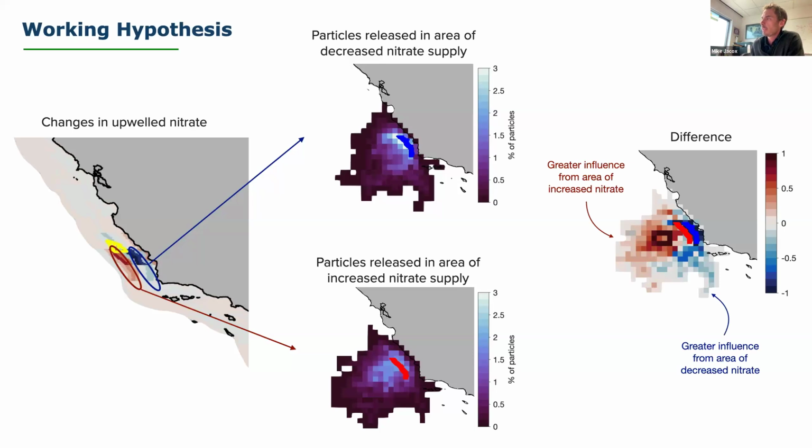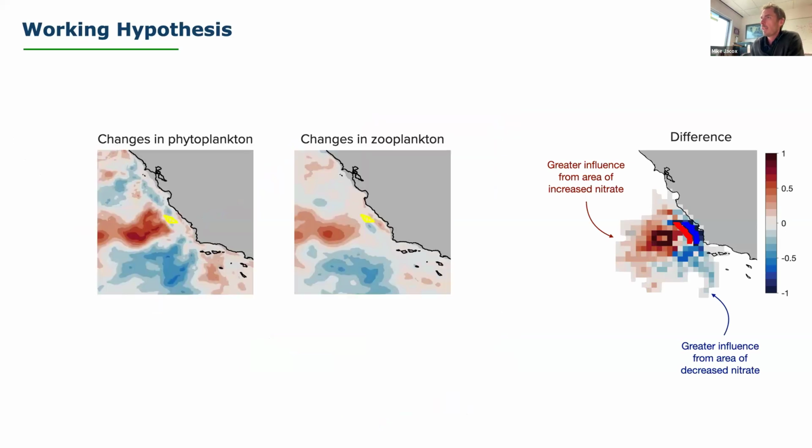And so basically you can think of the blue as being areas that are more influenced by that decreased nitrate source, and red being more influenced by the increased nitrate source. And comparing with our plankton changes, this is certainly suggestive that at least this working hypothesis might hold weight in terms of reproducing the patterns that we're seeing, where the changes in productivity are displaced from the upwelling changes in a reasonable way.